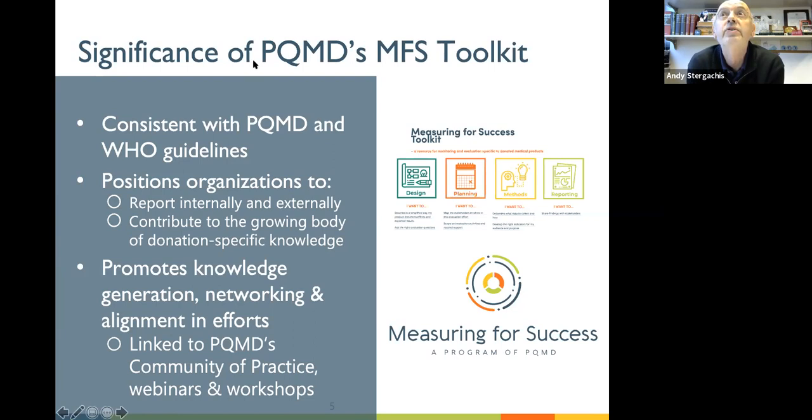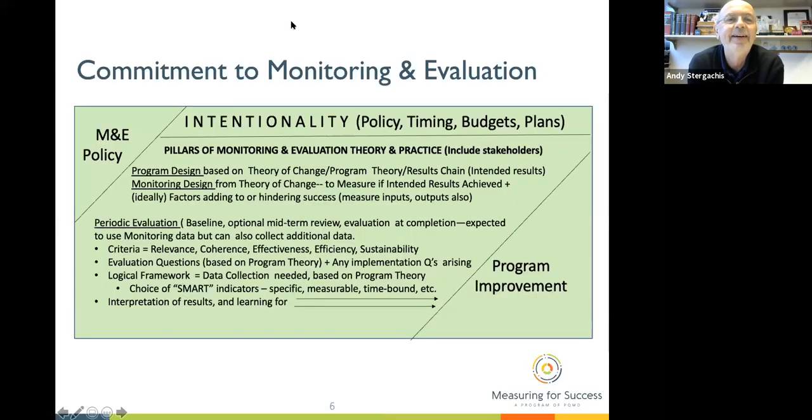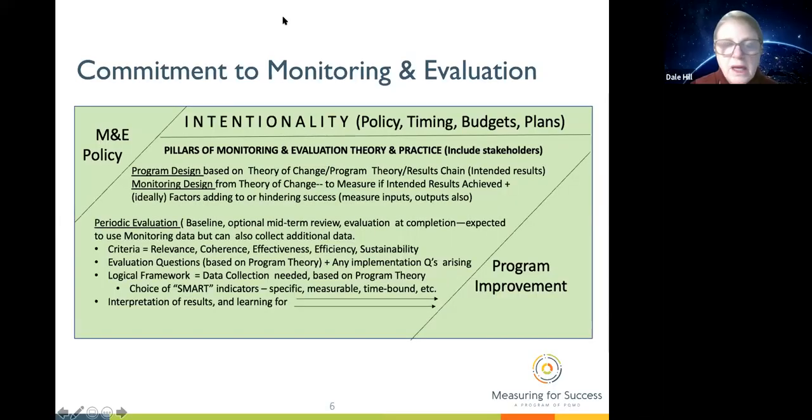And it's heartening to see the perseverance of this effort over time, because I think some of these conversations predate a number of us, who look at this as an opportunity to further demonstrate the value of medical donation programs. Thank you very much for the opportunity to chat about this. Back to you.